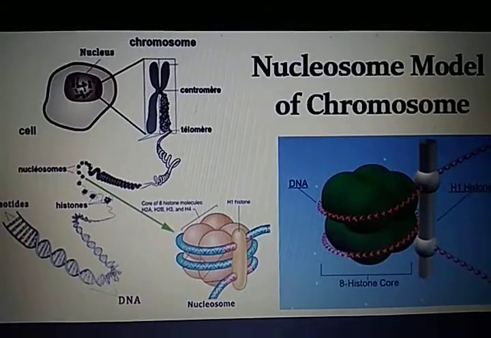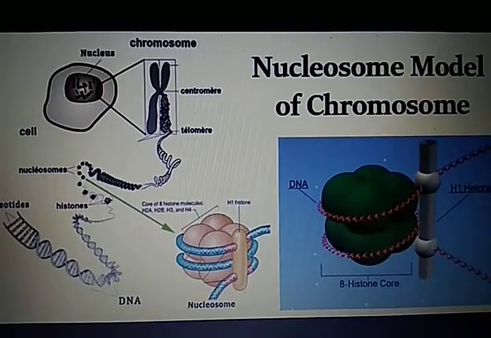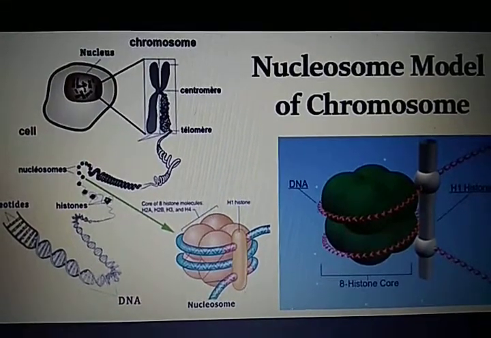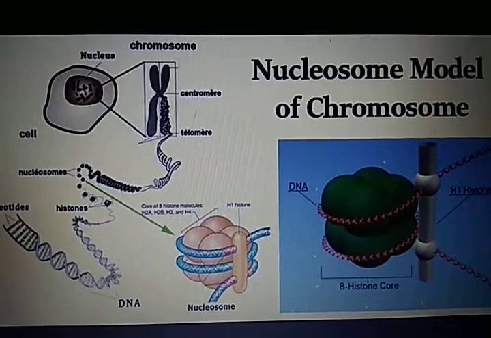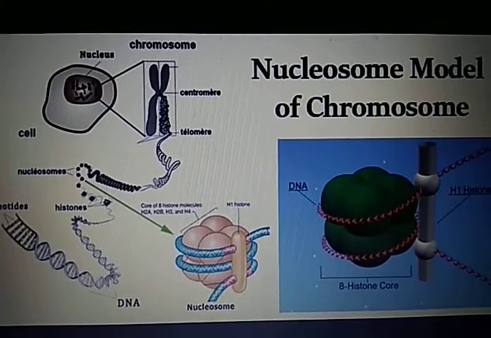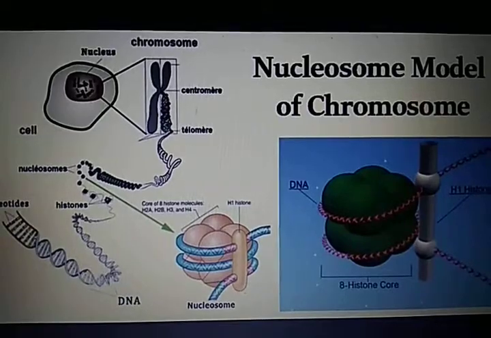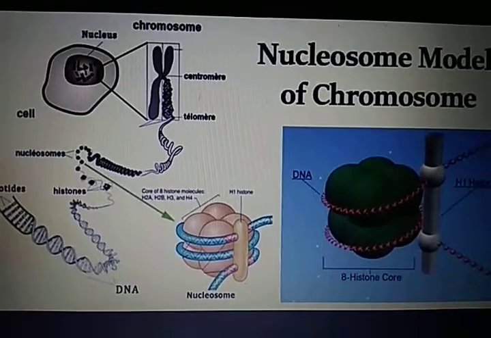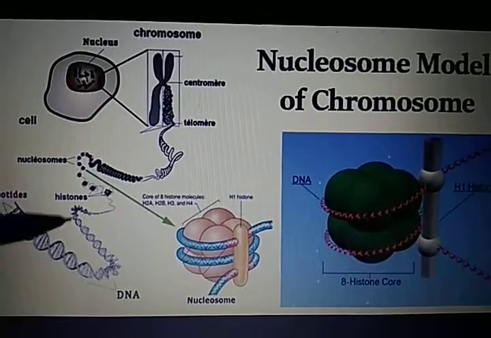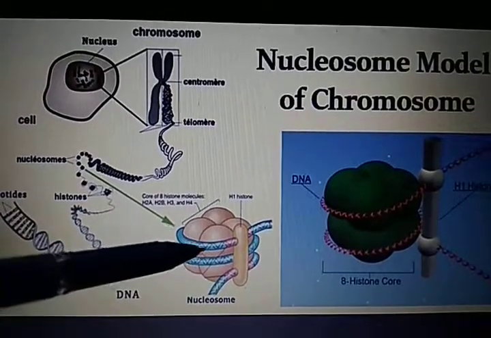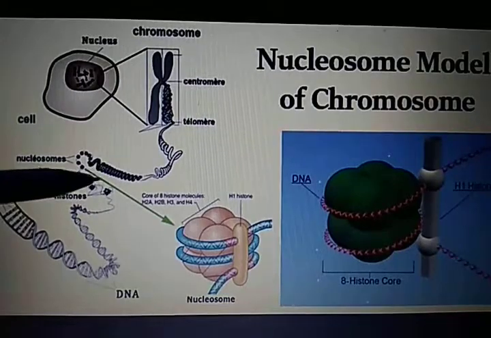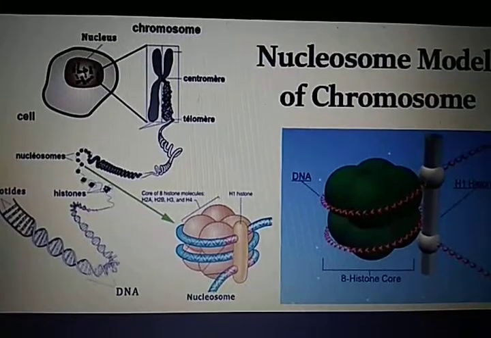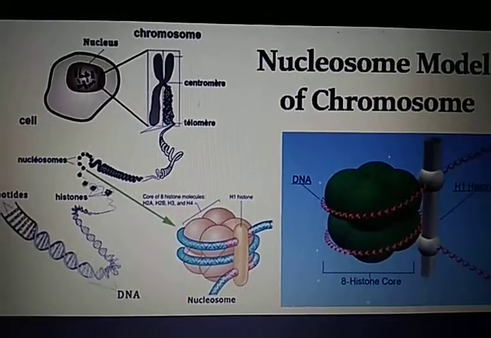Two principal models actually exist, the solenoid model and the zigzag. Finally, further successive folding events lead to a high level of organization and specific domains in the nucleus. What happens actually is that DNA combines with the histone protein to form nucleosome, and several nucleosomes combine to form a solenoid. The combination is known as solenoid.